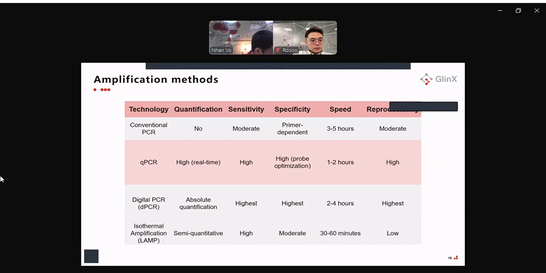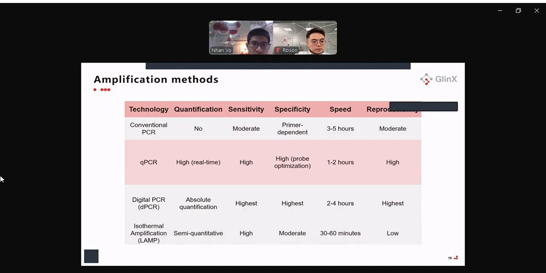And as for the sensitivity, we can only say that this kind of method has a moderate sensitivity. We cannot say that it is the most accurate because the manual extraction, manual amplification, and manual operation bring high risks of contamination within the process, unlike the fully automated machine, and make it less ideal for detecting low copy pathogens.